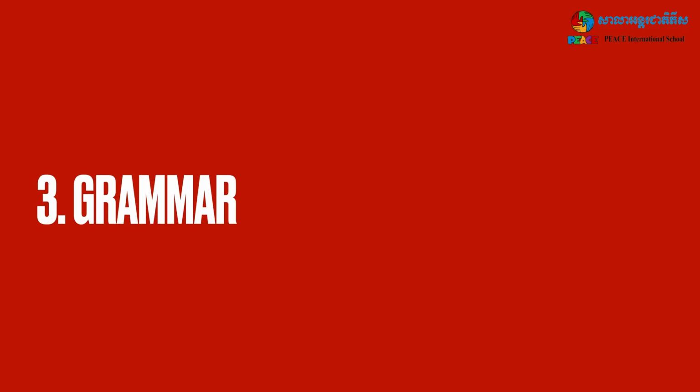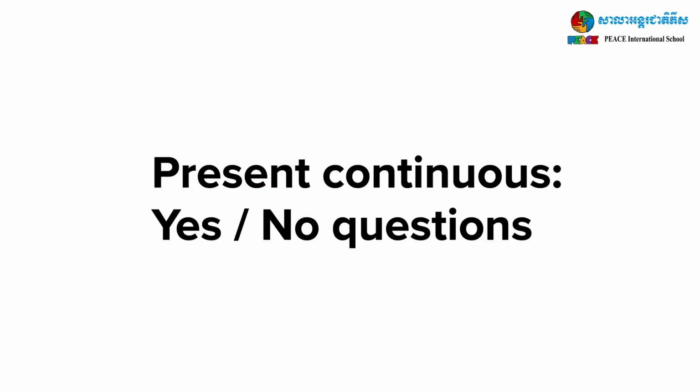Now, let's look at the new grammar lesson for today. You can find it in the box for the language focus in the lesson in your student book. Today, we will talk about the present continuous again, and today we will learn how to ask yes or no questions with present continuous.